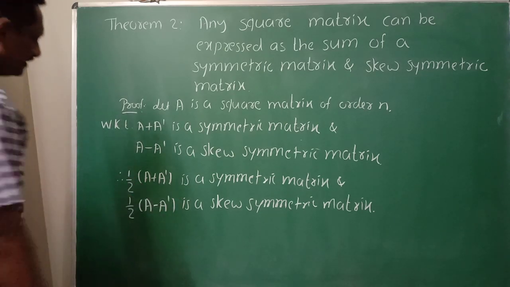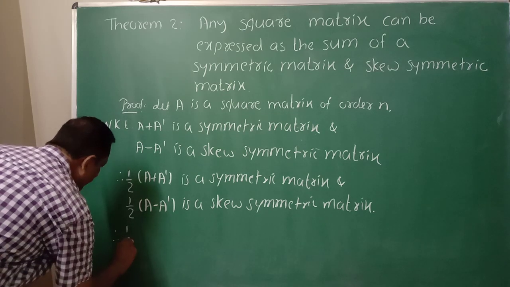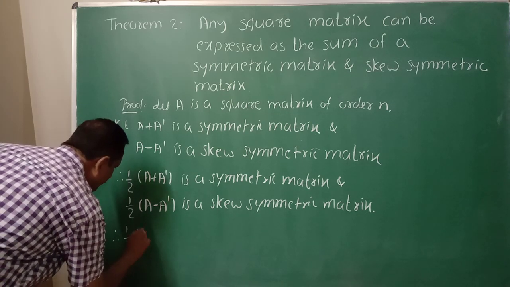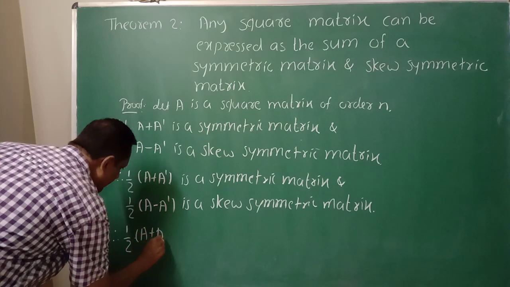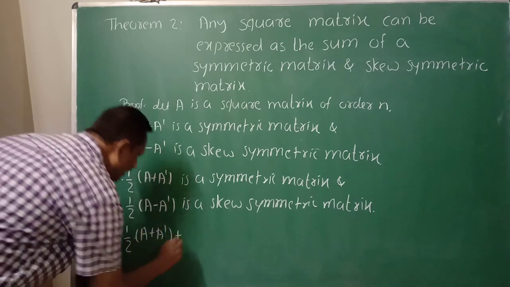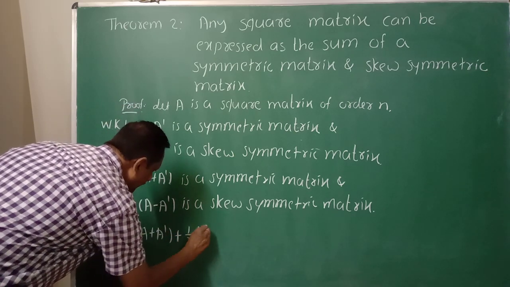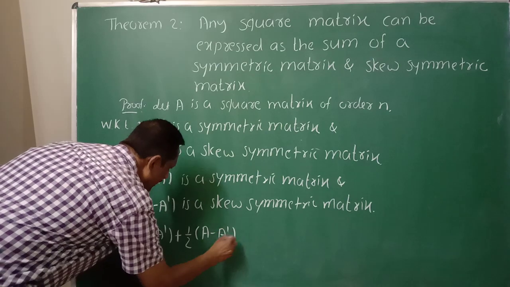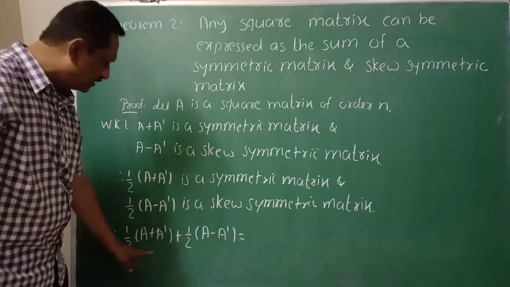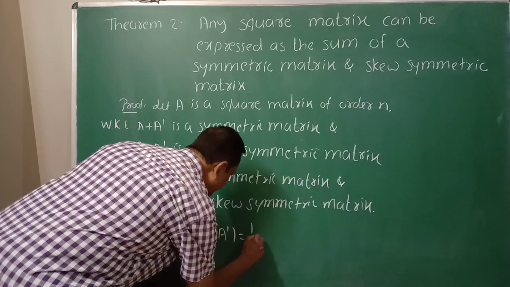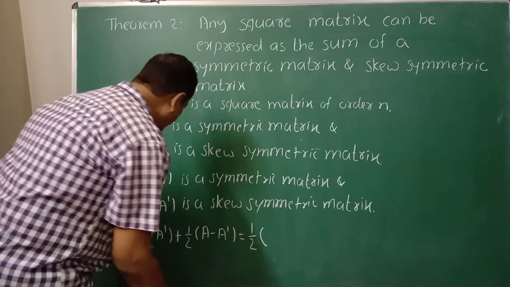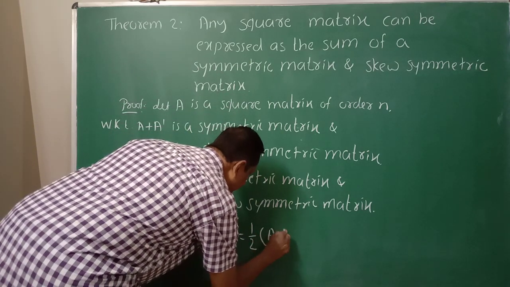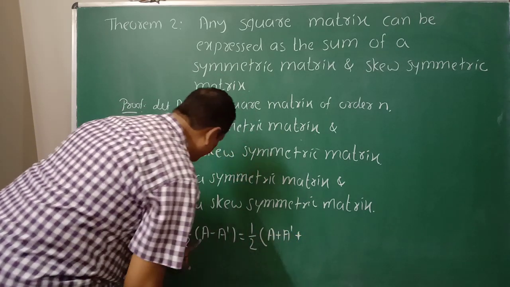Then add it. Therefore, 1 upon 2 into (A plus A dash) plus 1 upon 2 into (A minus A dash) is equal to 1 by 2, a constant, outside, (A plus A dash) plus (A minus A dash).